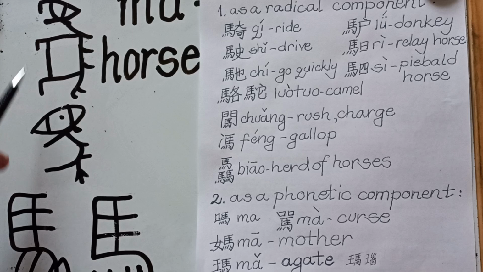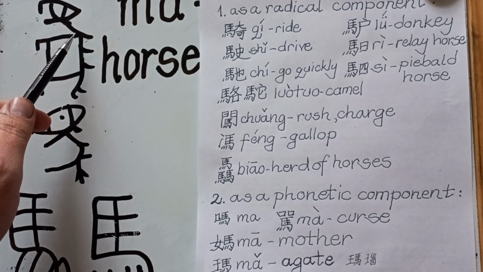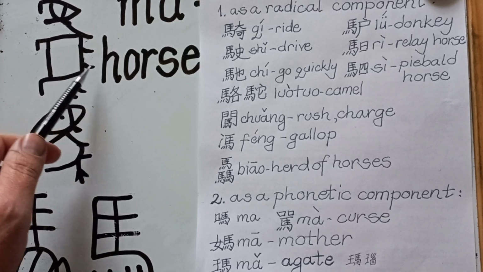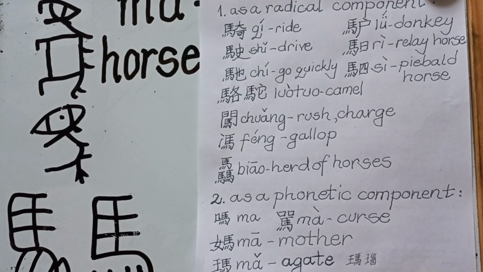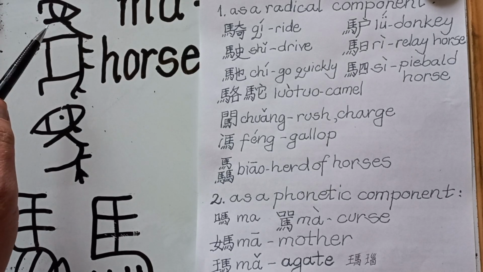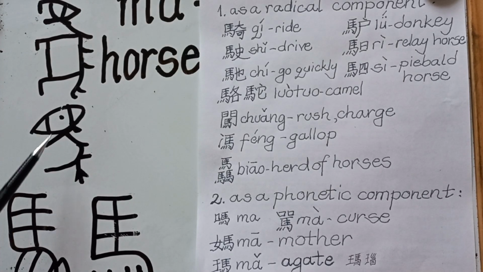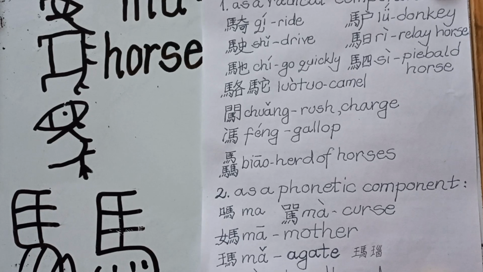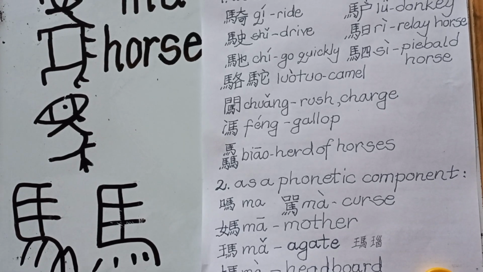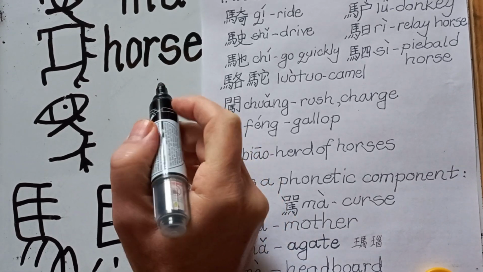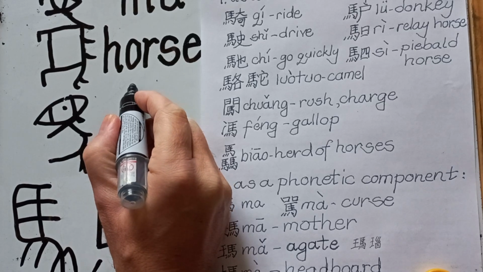We see two legs, and maybe this is the mane, and a tail. And in time, the character has evolved from this form to a form which is closer to its modern variant, which looks something like this.